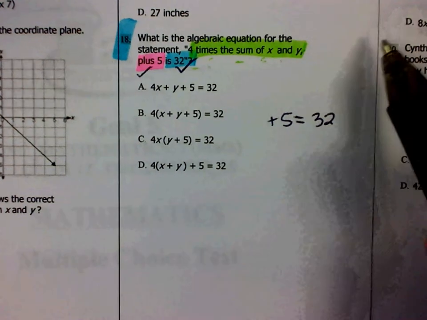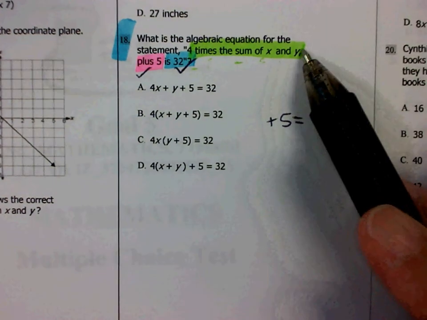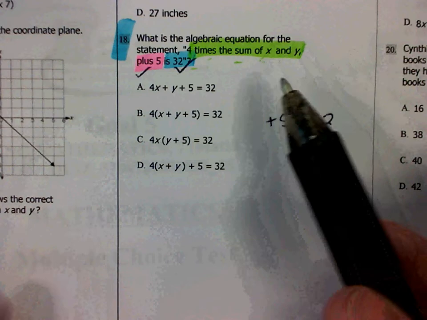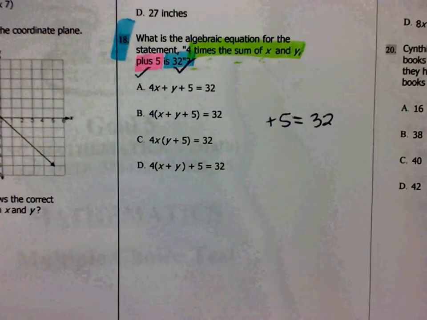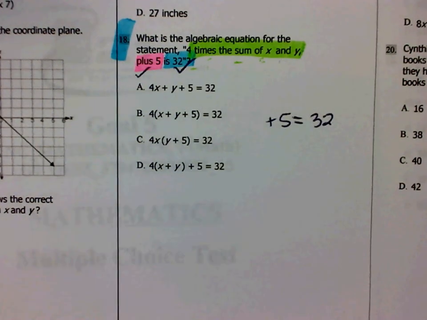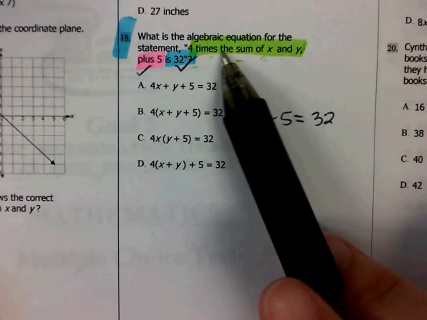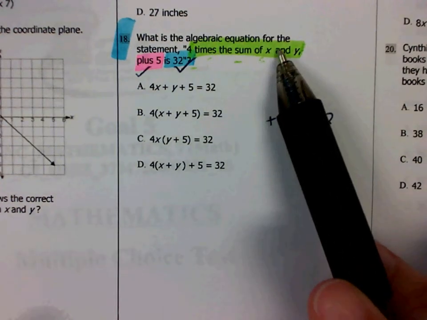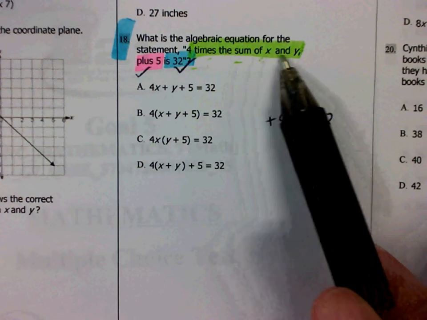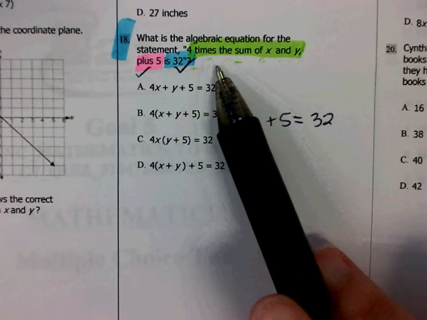The challenge is going to be 4 times the sum of x and y. You have two operations listed here, multiplication and addition. Please remember that in order of operations, you would normally do multiplication first, then deal with the addition. But in this problem, we're asking you to find the sum first, then multiply it by 4.